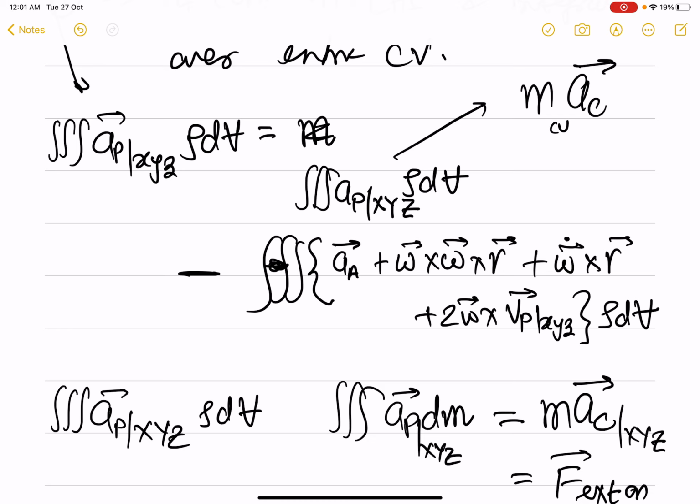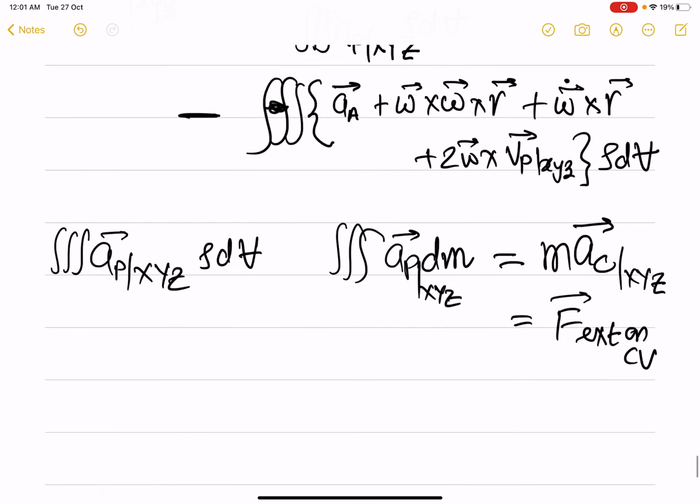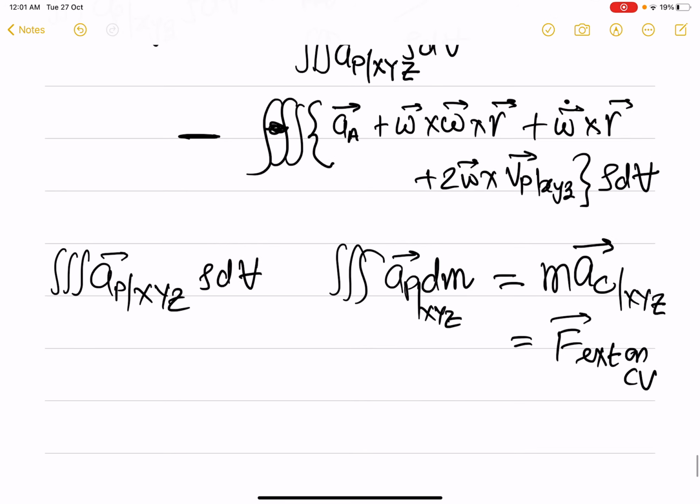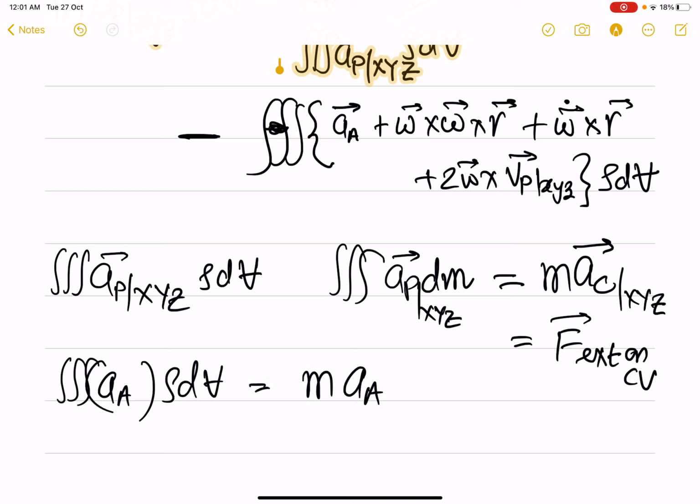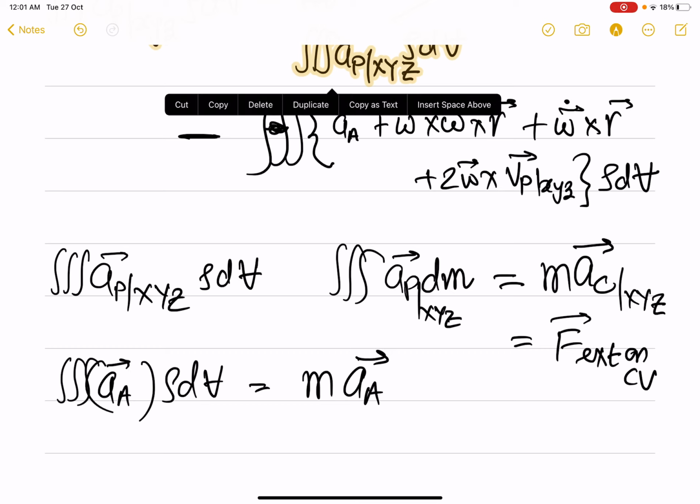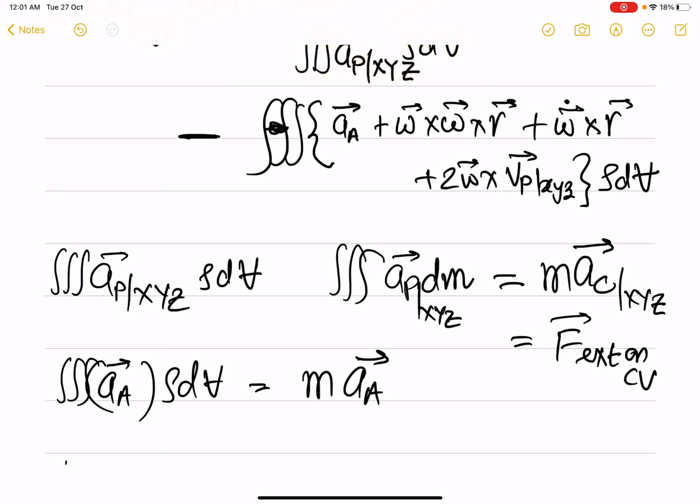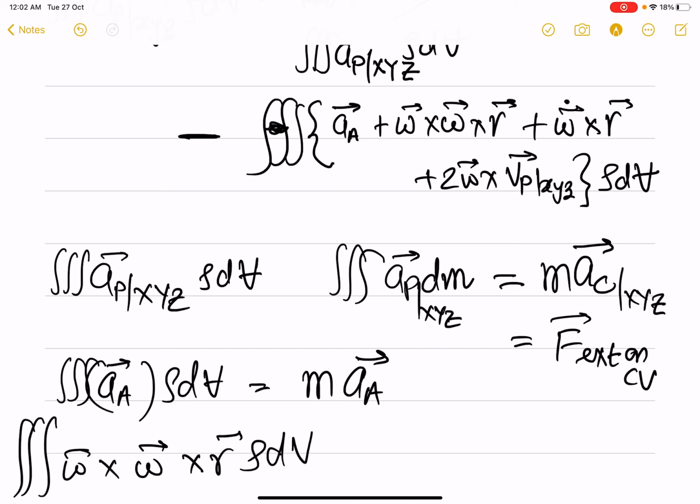Okay, now the second of these is the integral of A_A rho dV. This will just become mass of the control volume times acceleration of the origin. Next, omega cross r rho dV.